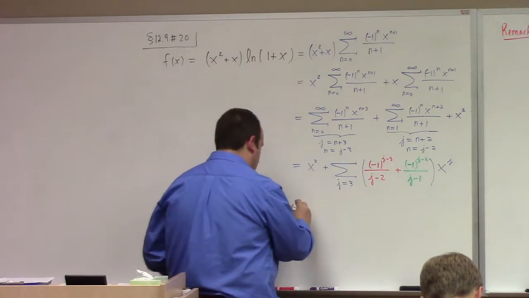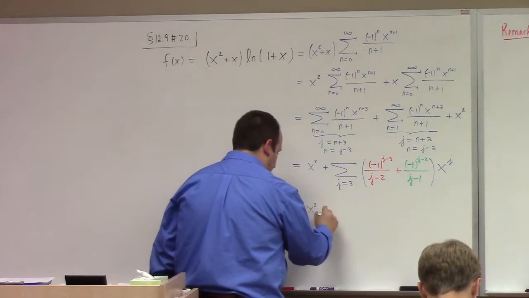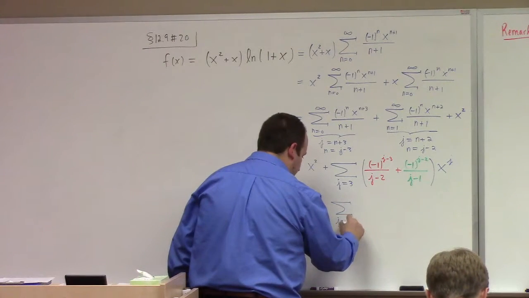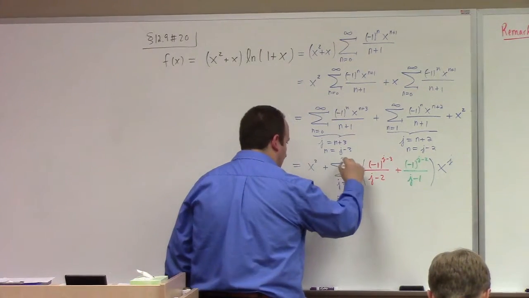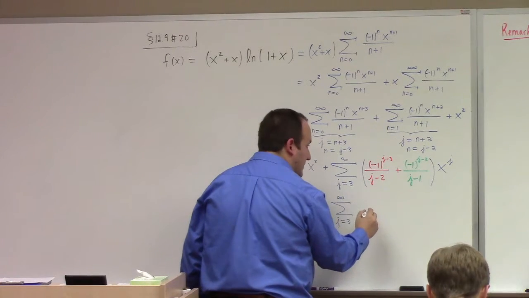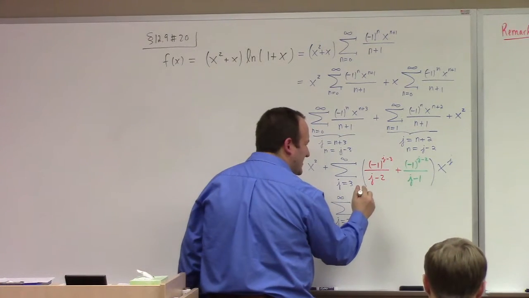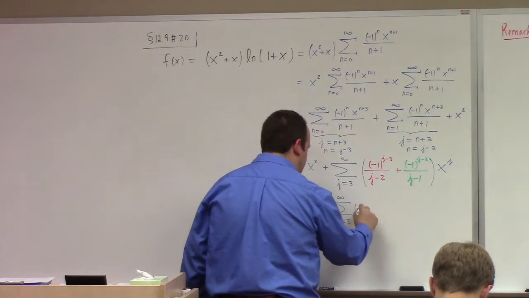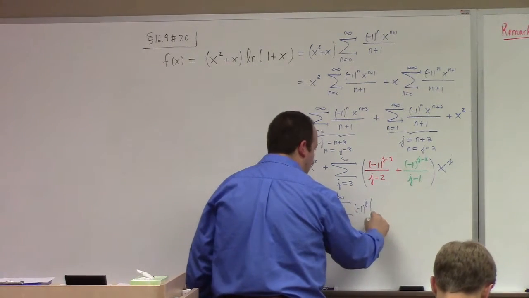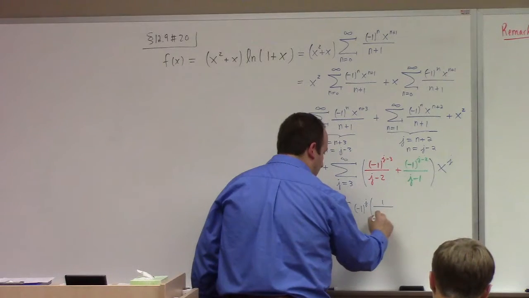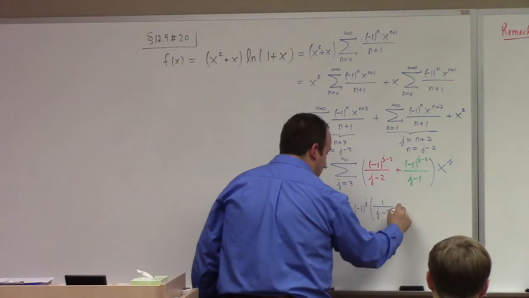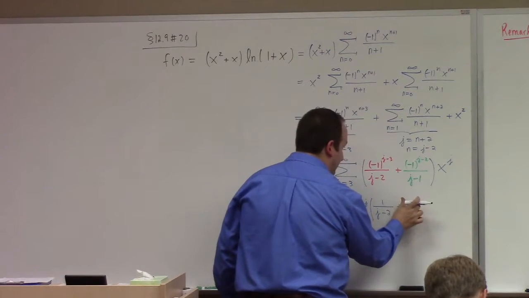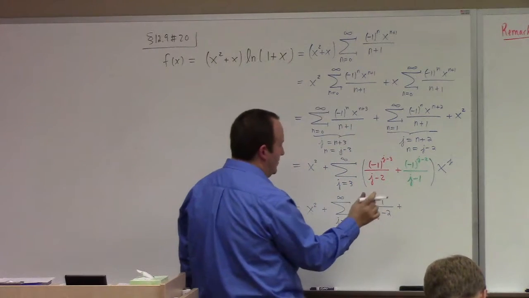Let me do that. This is x squared plus the sum, j equals 3 to infinity of, I guess I can just rewrite that as minus 1 to the j times 1 over j minus 2 plus, or well minus, no, plus.